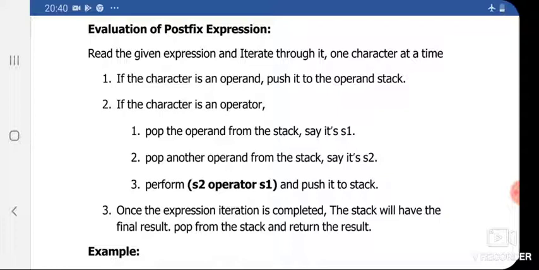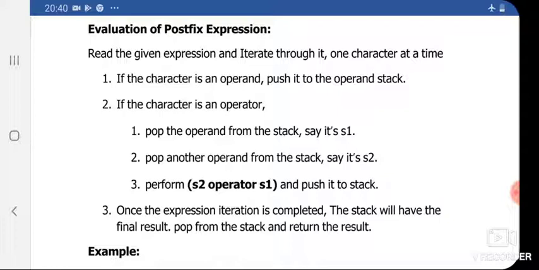Once the expression is over, finally the stack will have the final result, and we pop that value and print it as a result.